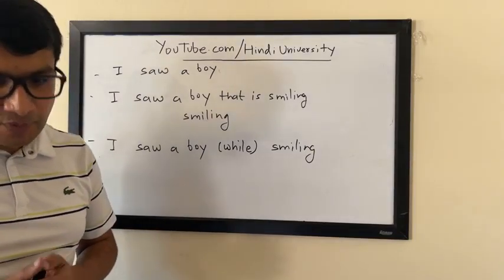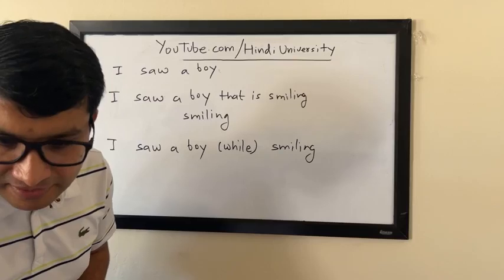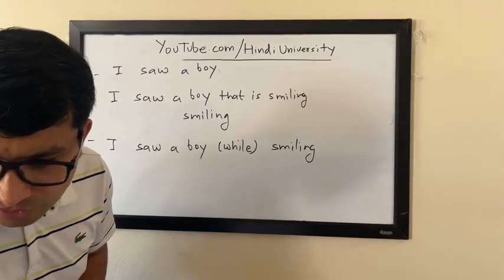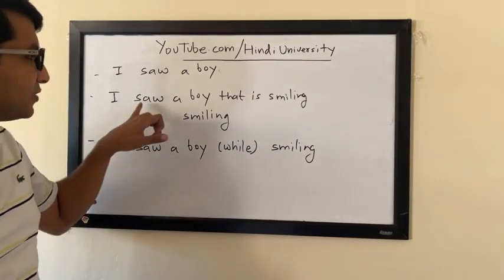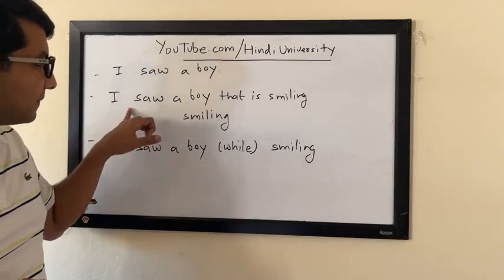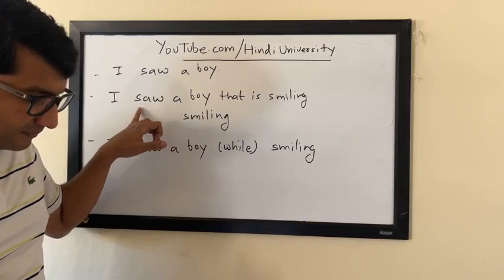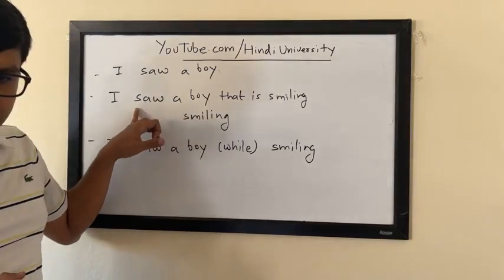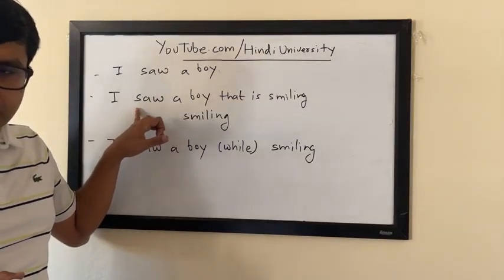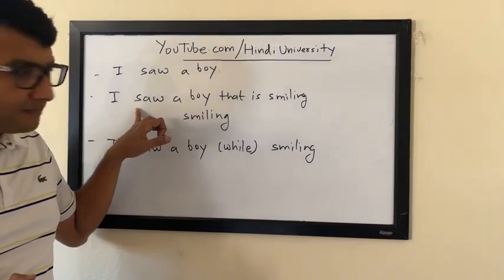I'm not sure. Okay, it's okay. That's a complete and honest answer. Let's see, anybody else? Tom, you want to tell? Is there a difference between this? Yes, Professor, if I may. Our second and third sentences describe what kind of boy it is. A smiling boy. It could, for example, also be a pretty girl or a big car.